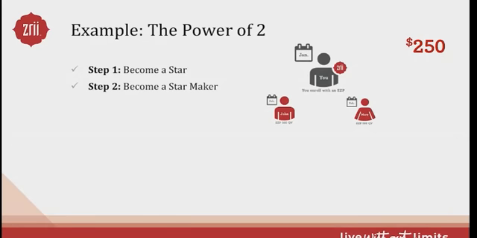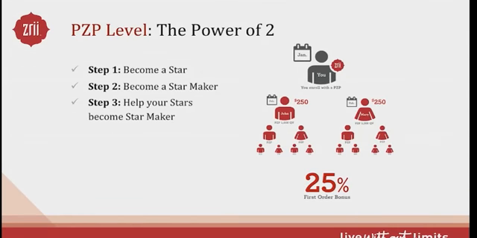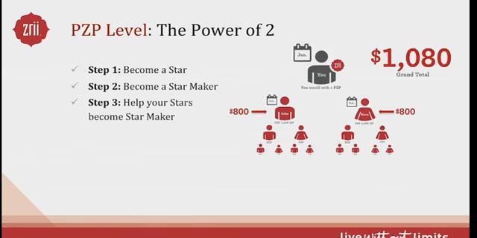Instead of earning $450 in bonuses plus team commissions, you would earn $800 plus team commissions. When John and Mary do the same thing you just did, they also earn $800 plus team commissions. Because of the product orders in your organization, you also earn more in team commissions, bringing your grand total to $1,080.